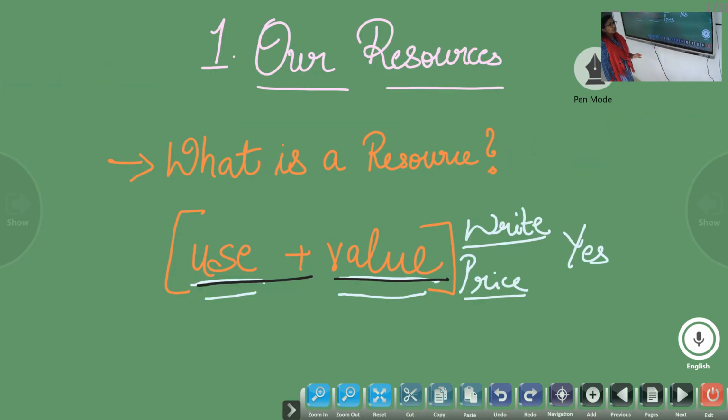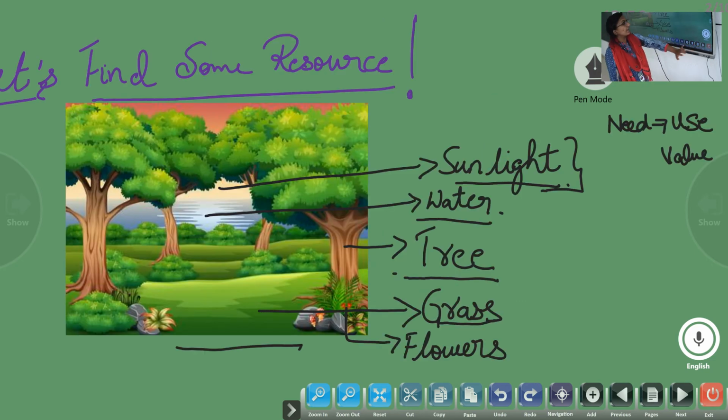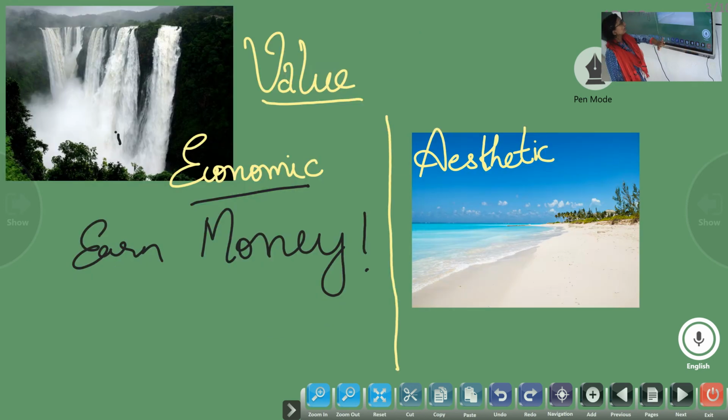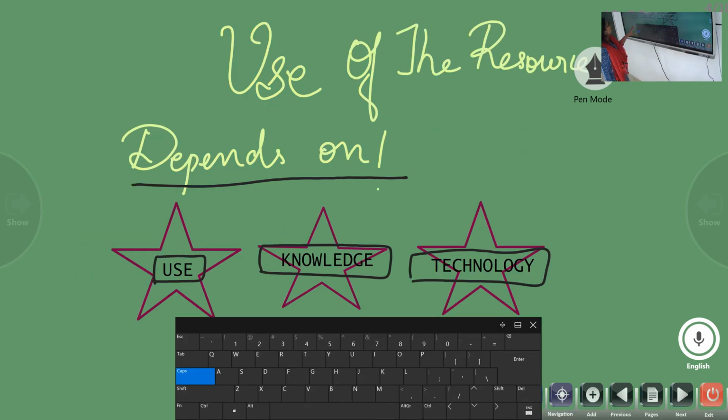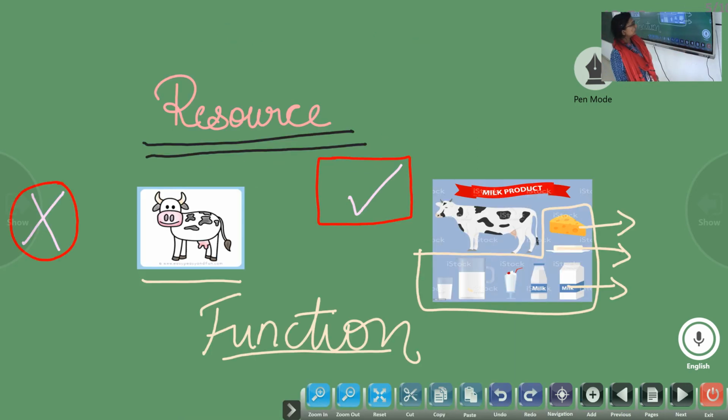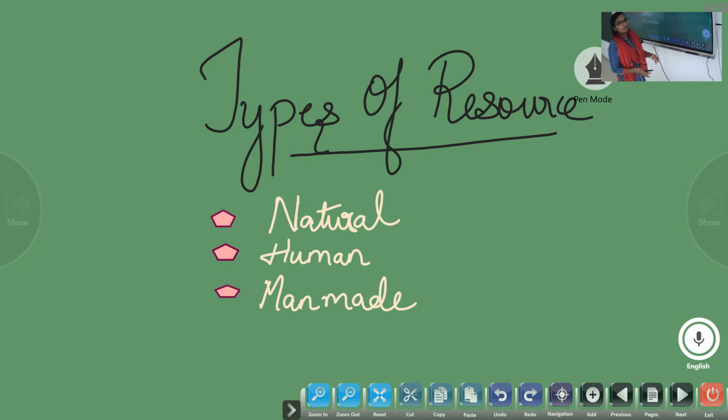We studied what is a resource and we said every resource has a use and it has a value, and the value can either be economic or aesthetic. And then we said the use of the resource depends on the knowledge and the technology. And then we differentiated the object from the function, and the function is called resource and not the object.